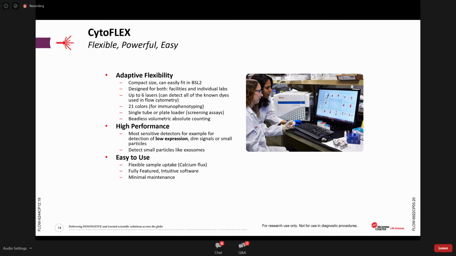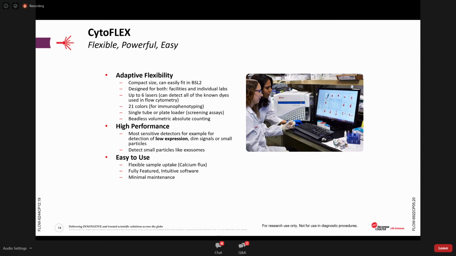This sensitivity would be especially useful for dim signals, intracellular probes, or weak expression. It's also useful for detection of small particles like exosomes. Cytoflex can detect fluorescence from all the known dyes for flow cytometry. It can analyze up to 21 colors at a time, which could be useful for immunophenotyping studies.